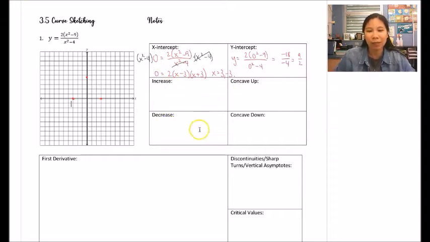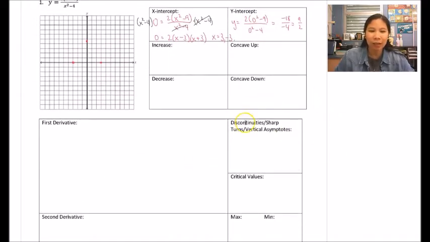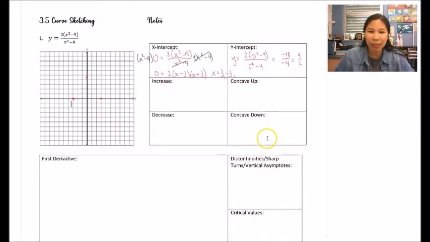I know my little boxes are kind of out of order. This was the best way I could make it fit onto one page nicely. So let's start by finding our discontinuities. Just looking at our equation, do we have any discontinuities, sharp turns, vertical asymptotes, or even domain issues? Our original equation is a rational function, which means we have a fraction, and there are things we can't divide by.